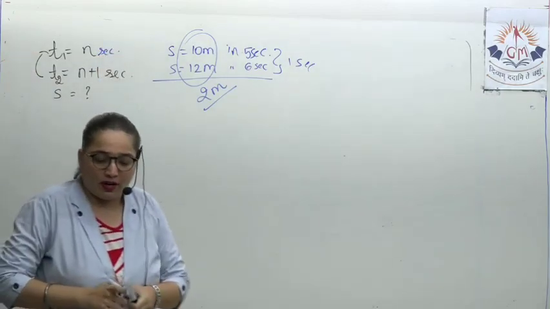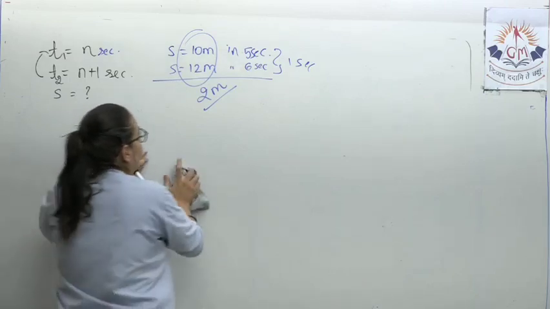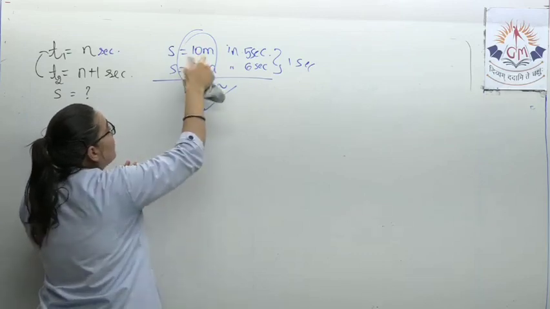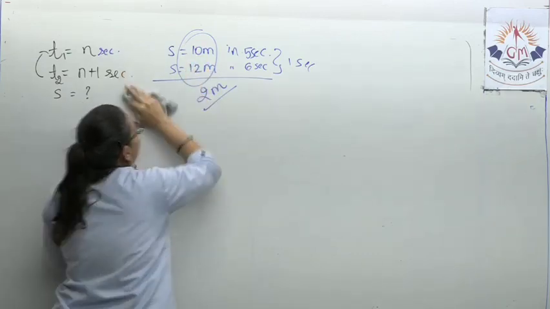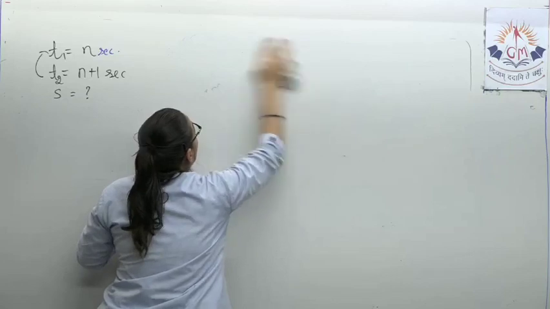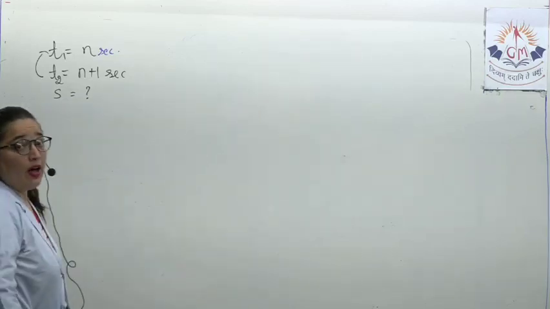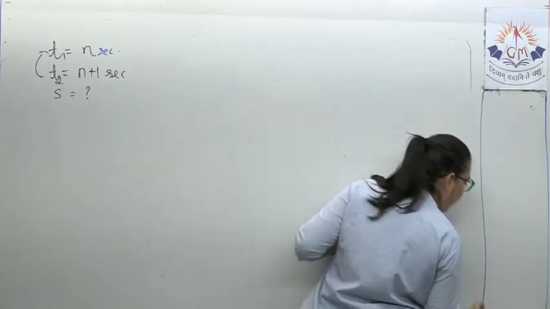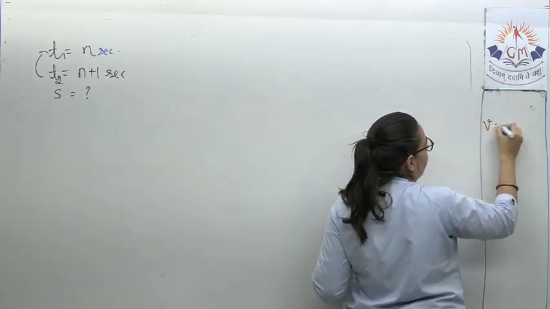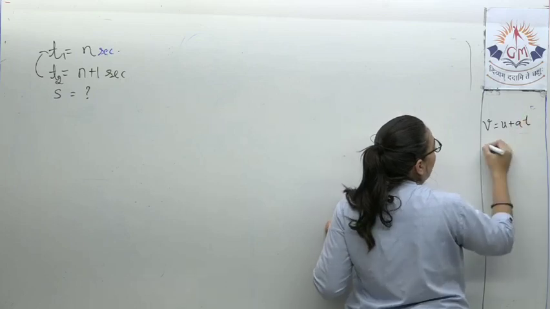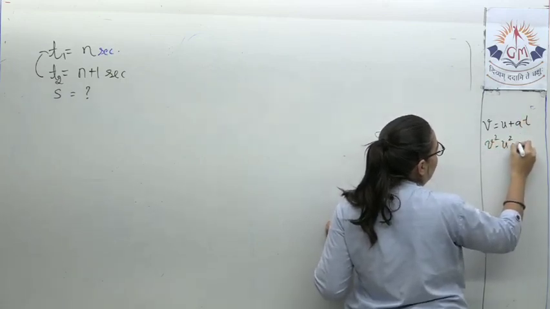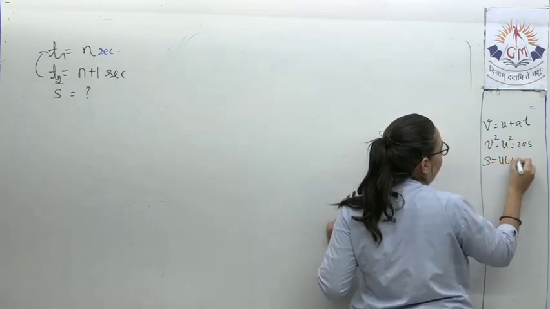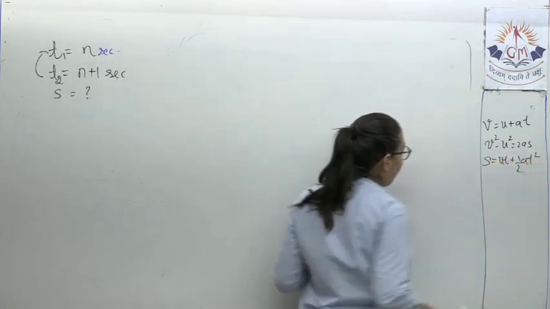The first important thing in a numerical is to understand the question. In 1 second, how much distance has it traveled? Here, instead of numbers, we have been given n and n plus 1 seconds. So, no need to worry. First, the three equations of motion. Which are the three equations of motion? They are over here: v equals u plus at; v squared minus u squared equals 2as; and s equals ut plus half at squared.